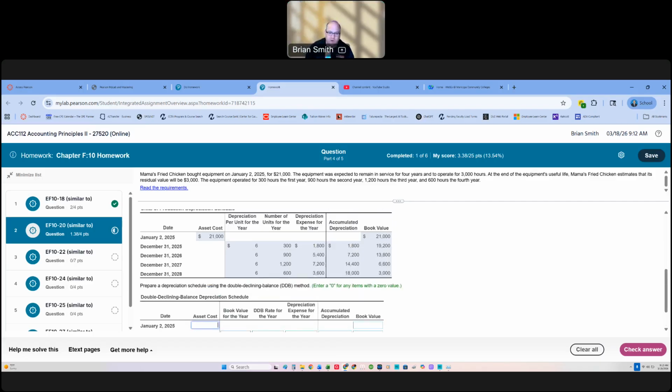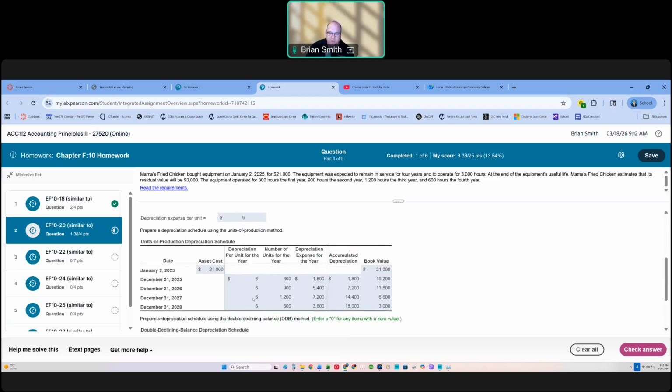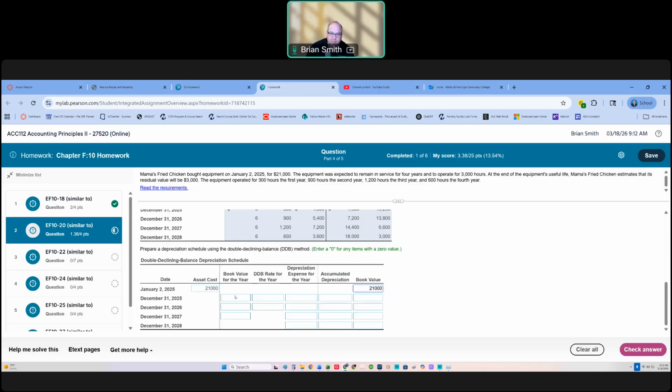All right, let's start off here. 21,000. See, the difference is, instead of calculating the depreciable cost or depreciation per unit, now we're still just using the book value. Now, the double declining balance rate for the year is going to be the 4 years times 2, because we're doubling the number of years basically to calculate this.